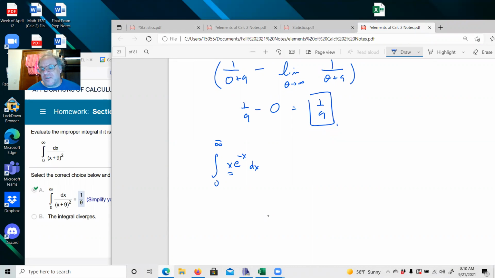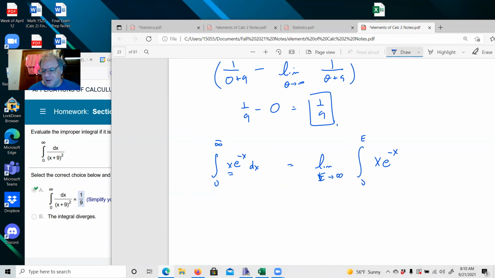So let's take care of this first. This is limit, again, pick your favorite letter, let's go with E, as E goes to infinity, and then we'll integrate from 0 to E of x e to the negative x.